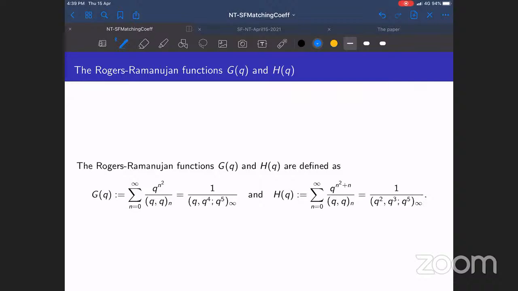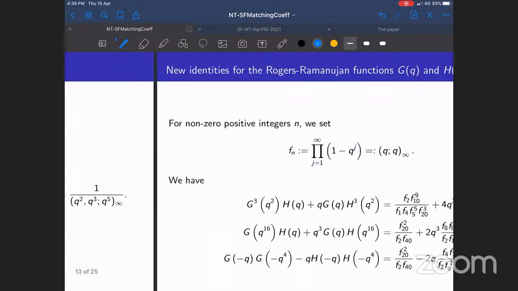And there are some new results on G(q) and H(q). We checked whether the results on matching coefficients come from those 40 identities and some new identities found by Yesilyurt, Gugg and so on. But we saw that only a few results came.